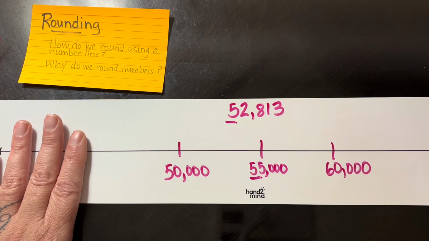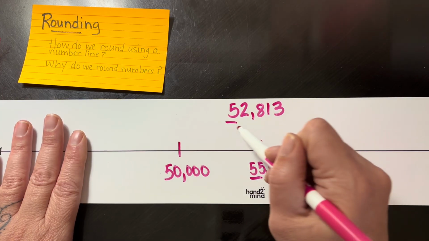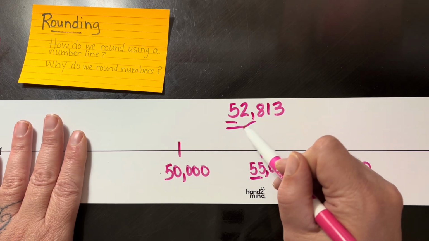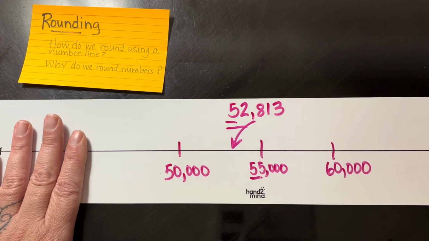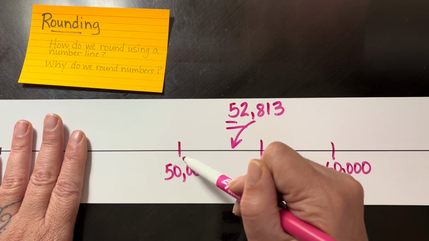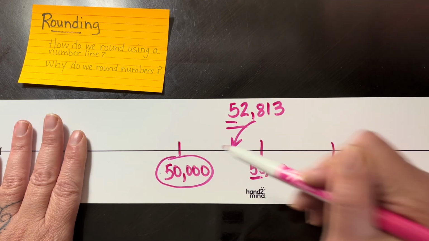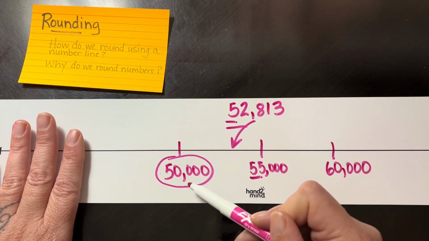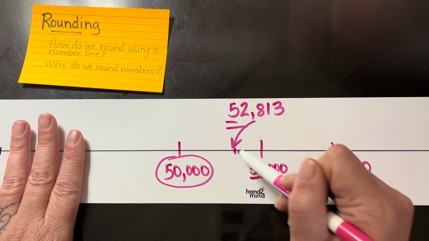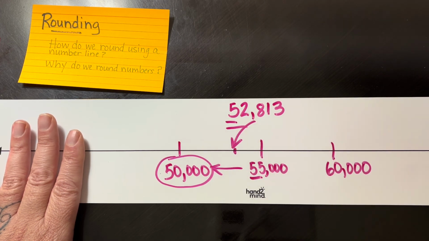I have 55,000s in my benchmark number, 52,000s in the target. Well, that is clearly less than 55,000s. So when I round, I will round to the nearest 10,000 by moving towards the 50,000, since 52,000 is closer to 50,000 than it is to 60,000.